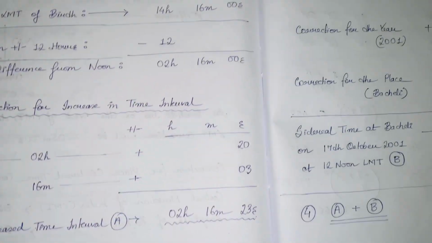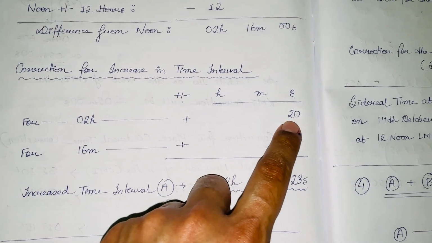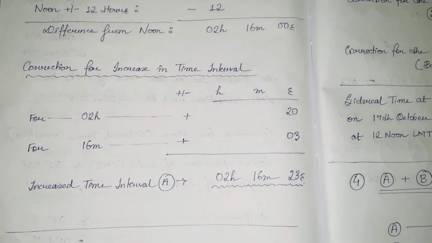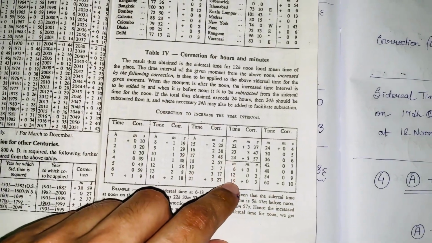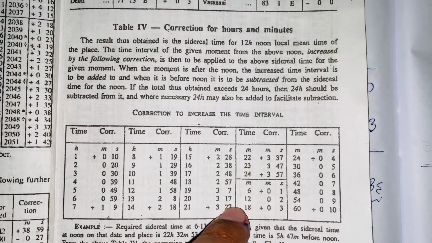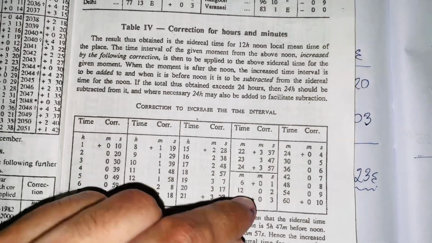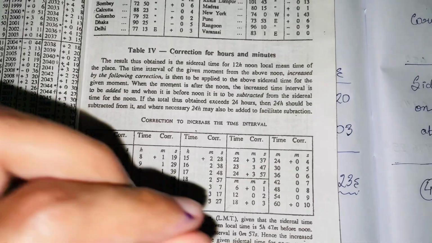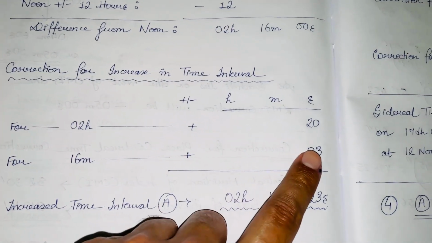So here we are writing plus 20 second under the second label. And for 16 minute, what is the correction? 16 is closer to 18, so we consider 18 over here. The correction for the increase in time interval for 16 minute will be 0.3 second.